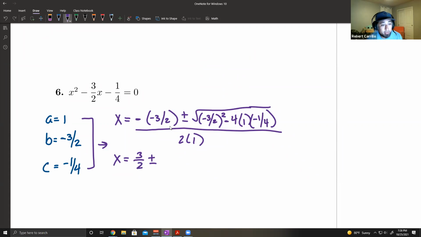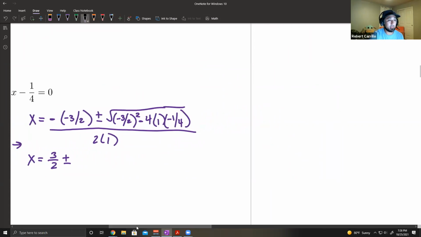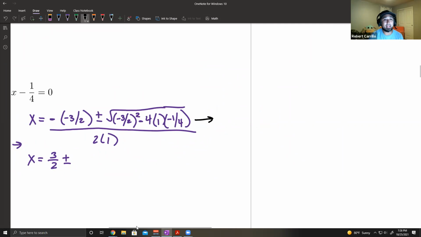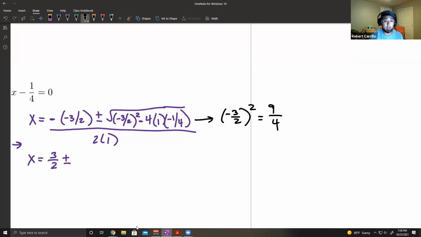Okay. So now we have some work cut out for us. So actually, let's move over a bit and let's figure this inside part out. So negative 3 halves squared. Well, what is 3 squared? 9. What is 2 squared? 4. All right. And then we have negative 4 times 1 times negative 1/4.